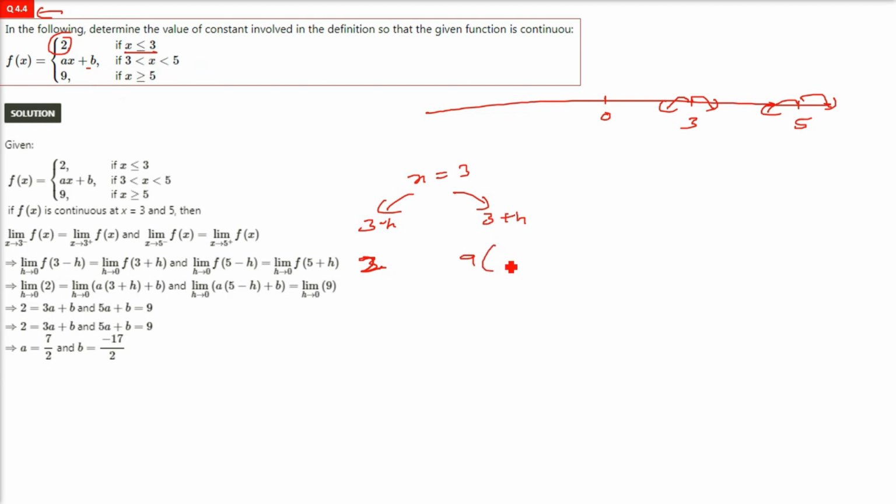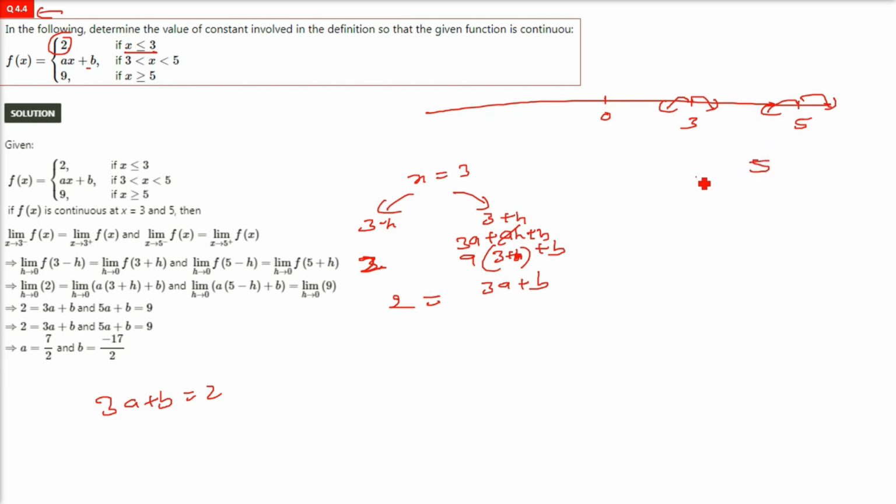So a into x plus b, where x you can write as 3 plus h, so a(3 plus h) plus b. You just put 0 here, or you can open it and then put the 0. It's one and the same thing. So you can get rid of the h. So 2 equals 3a plus b, so 3a plus b equals 2. This is your first equation. And we are on the right path because we are going to get an equation for x equals 5 as well.